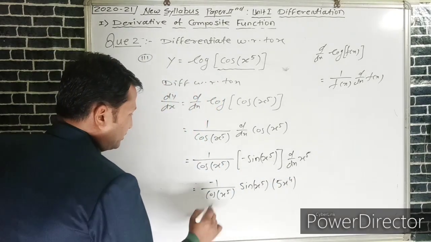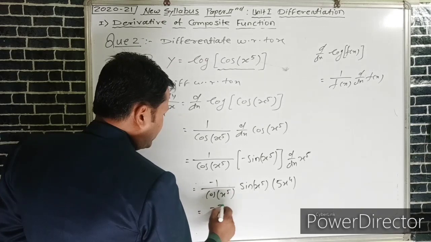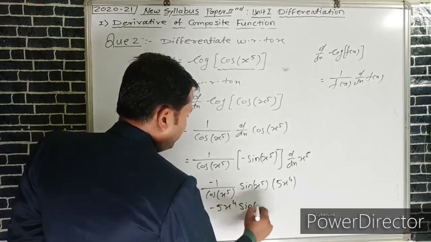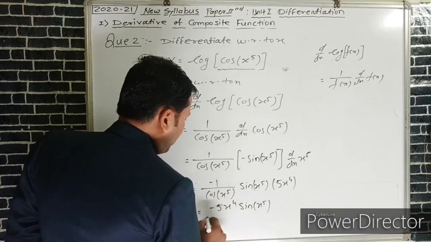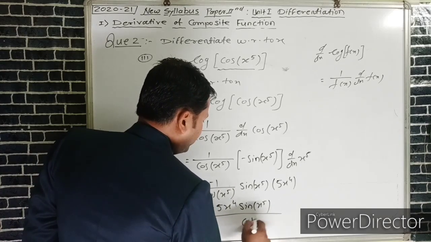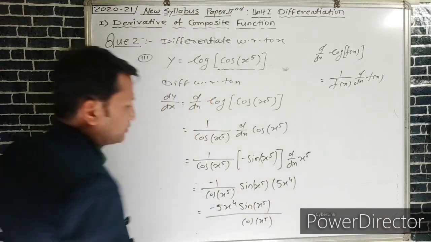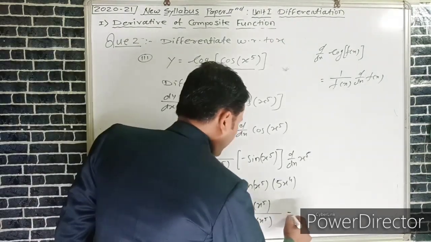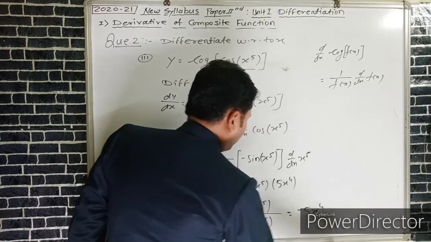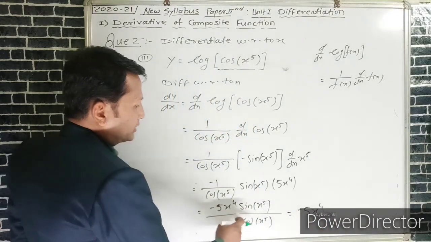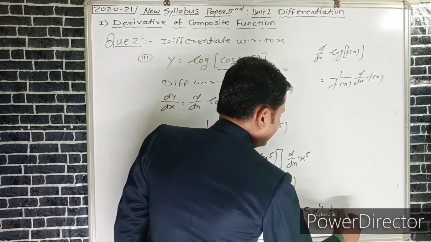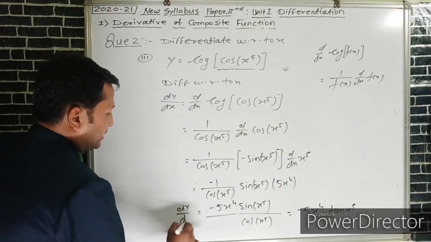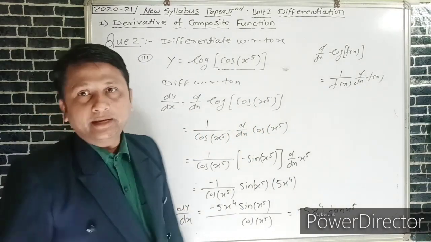Hence minus 1 into 5, minus 5 x raised to the power 4 into sin of x raised to the power 5 upon cos of x raised to the power 5. We can write it again as minus 5 x raised to the power 4, sin upon cos is tan, of x raised to the power 5, which is the required derivative of y, dy upon dx.